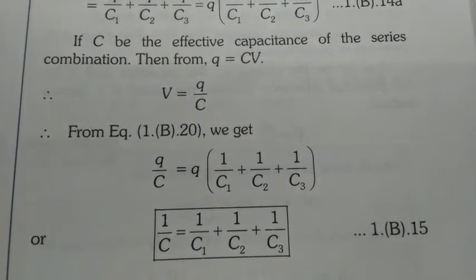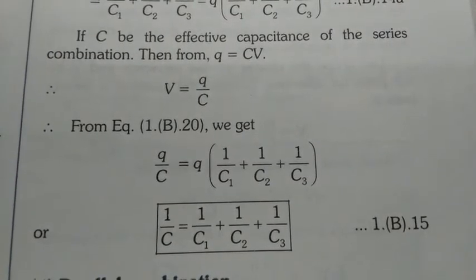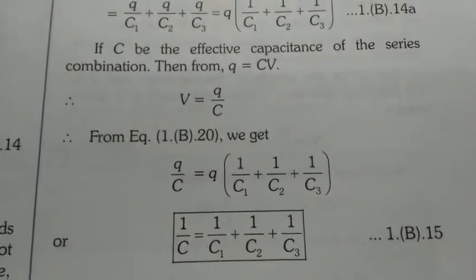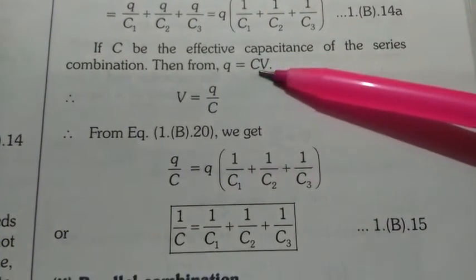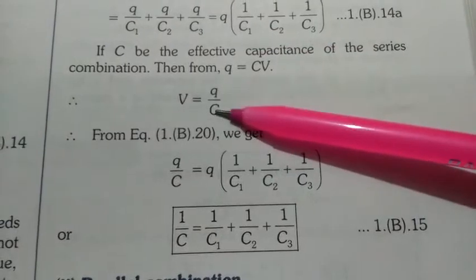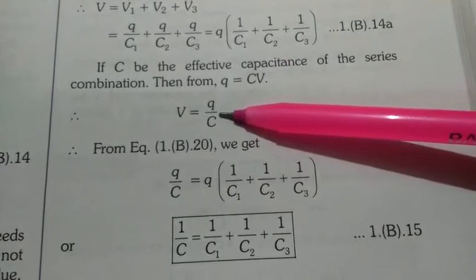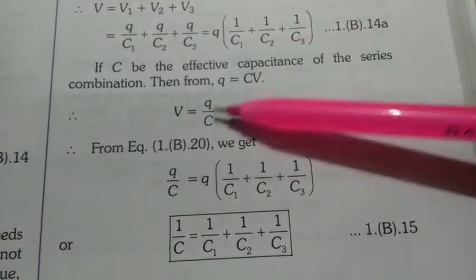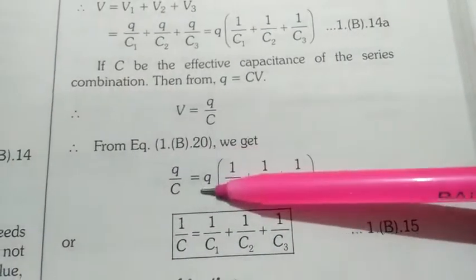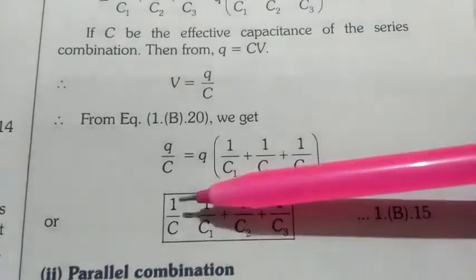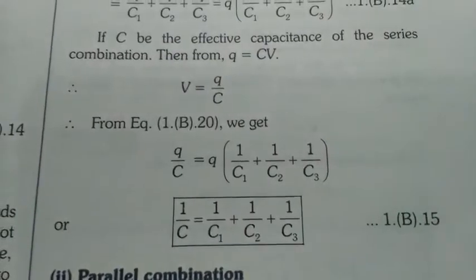The individual capacitances are C1, C2, C3, and suppose the total capacitance of the series combination is C and the total voltage is V. So from Q equals C into V, we have V equals Q upon C. This is the value of V, and the value we derived earlier is also the value of V. When we compare these two values, Q will cancel and we get the formula 1 upon C equals 1 upon C1 plus 1 upon C2 plus 1 upon C3.